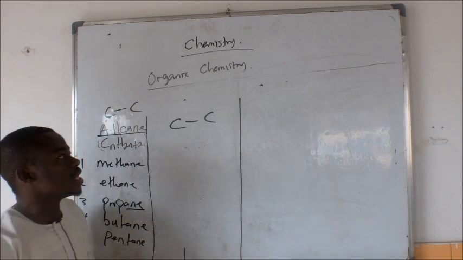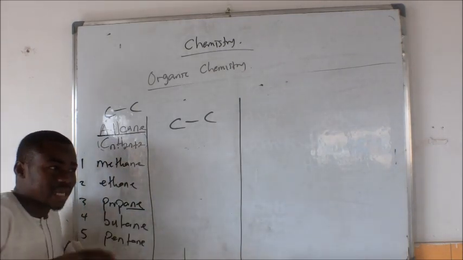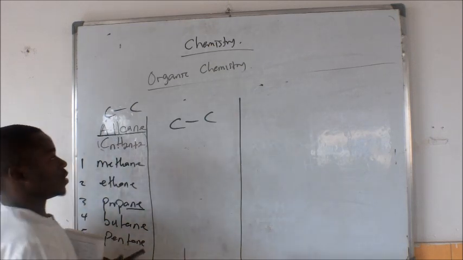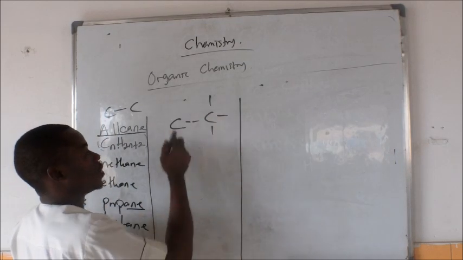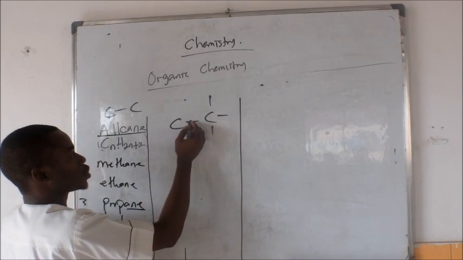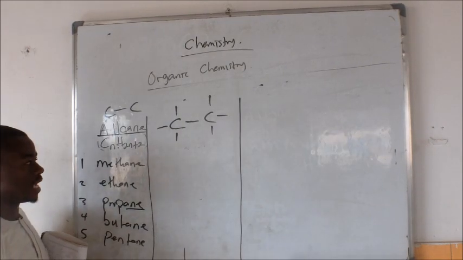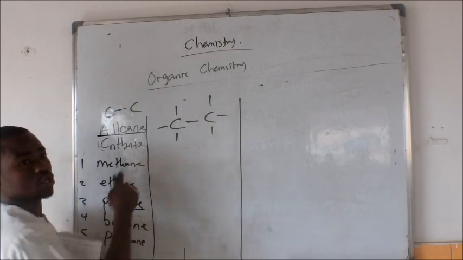When it's bonding with different atoms, it has the ability of being surrounded by four bonds. This carbon can be surrounded by 4 bonds: 1, 2, 3, 4. This one too: 1, 2, 3, 4. But this one is a case of ethane, because of two carbons.